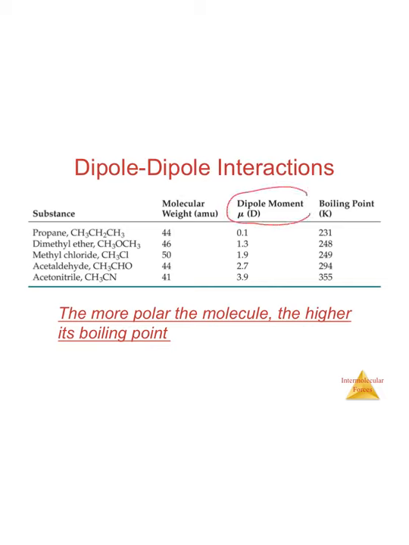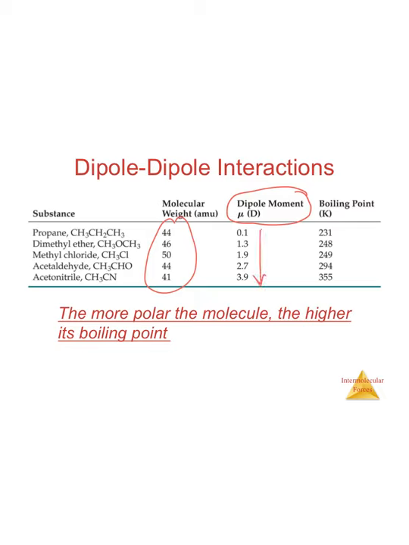This dipole moment, you'll learn more about this when you take AP Chem, is just a quantitative measure of how strong the dipole is. So I can look at these different molecules, look how they're approximately the same molecular weight, but these are in increasing dipole moment.